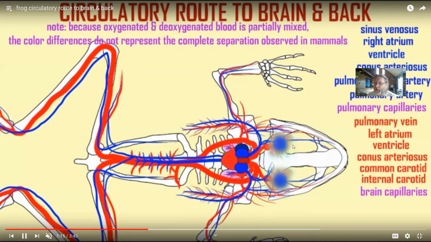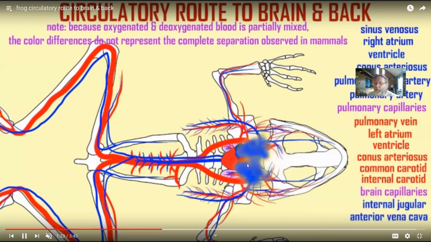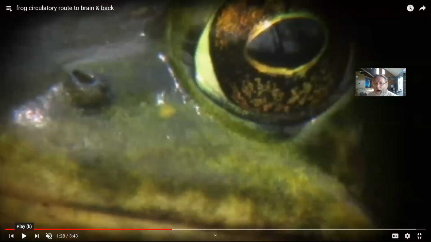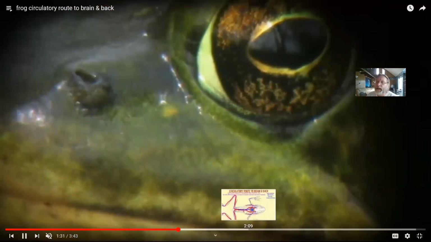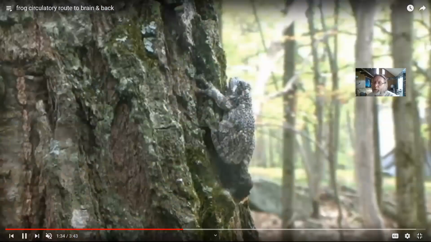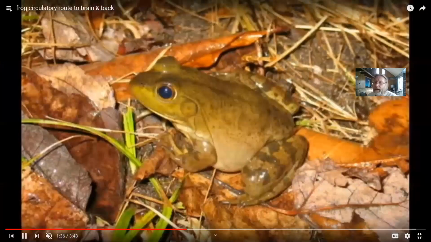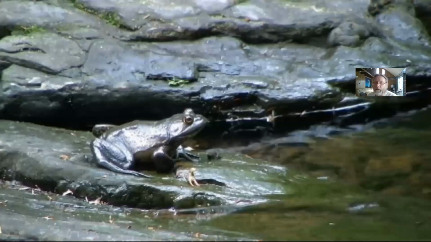There, gas exchange occurs in the capillaries of the brain, and now deoxygenated blood would return through a jugular vein and into an anterior vena cava. There would be 2 of those into the sinus venosus. Now, that's how you would get oxygenated blood to the brain if the oxygen was coming from the lungs.